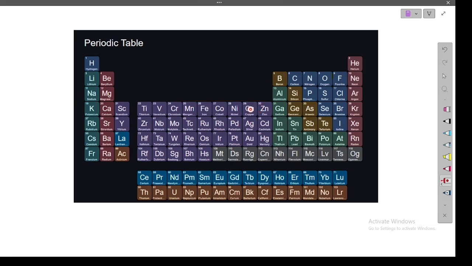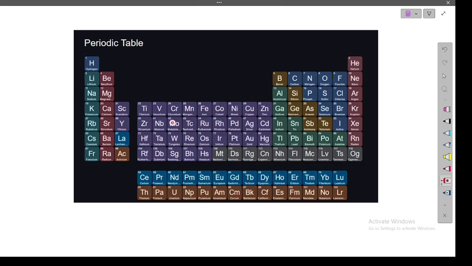Now let's talk about the trends down a group. We have learned that the atomic number increases along the period and the size decreases along the period. But if we move from up to down, we can see that the atomic number and the size both increase.